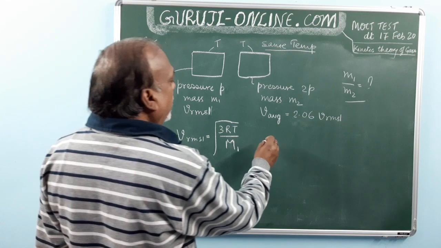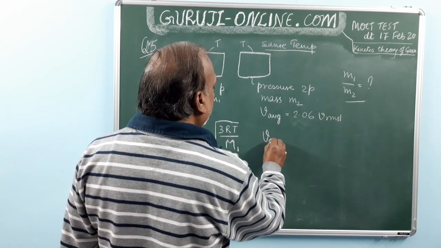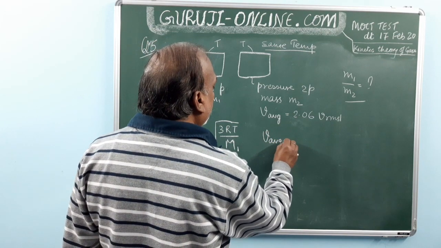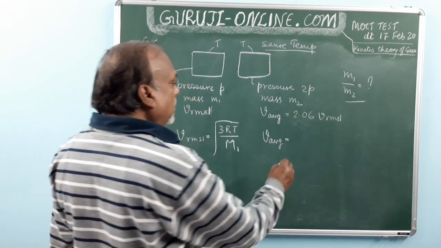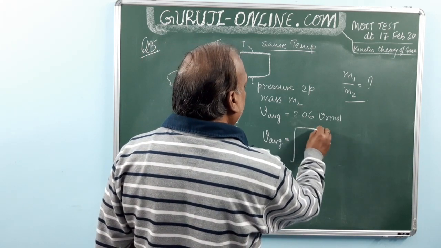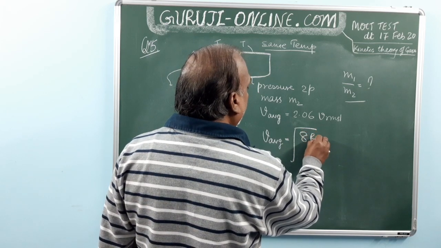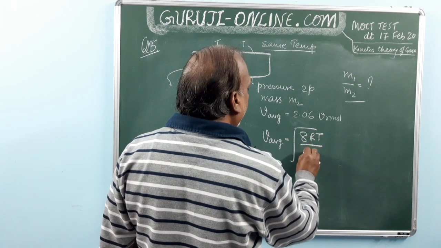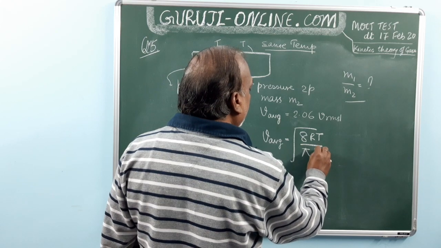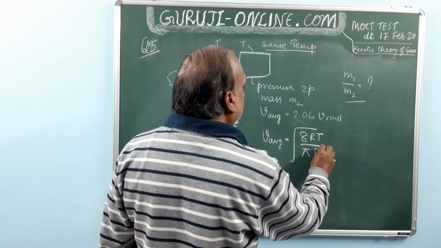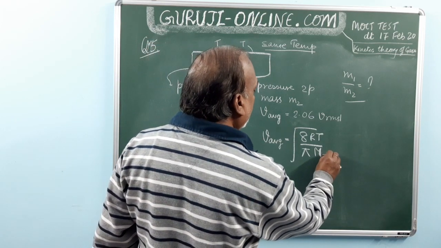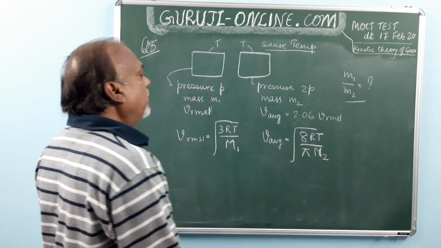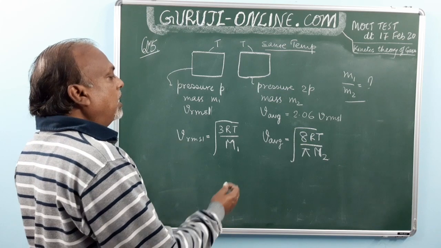And V average, we know, is root of 8RT upon pi M. In this case, all other things are the same.